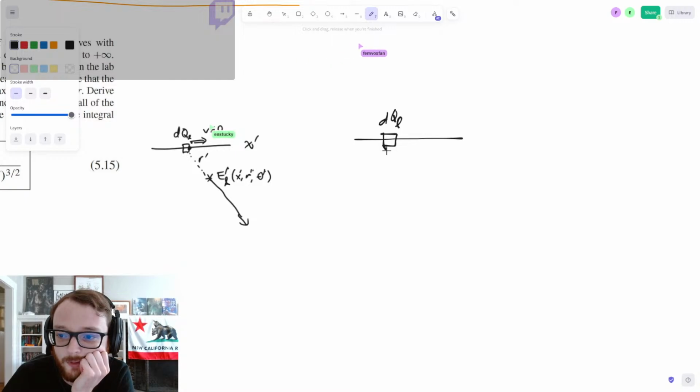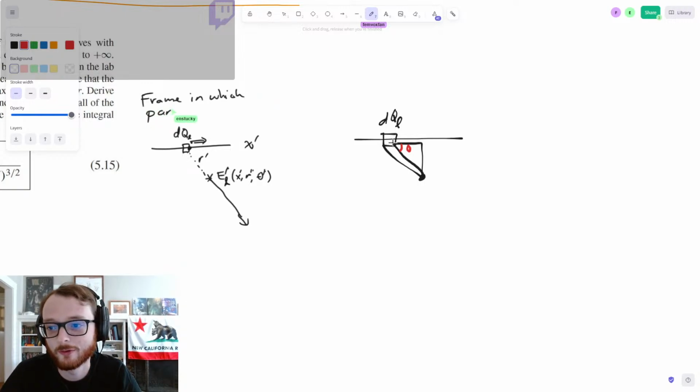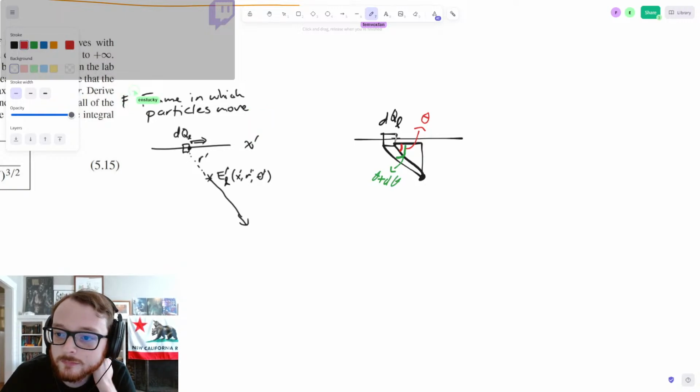We want a right triangle, something like this. That's theta, and that's theta plus d theta. R, and R plus dr.